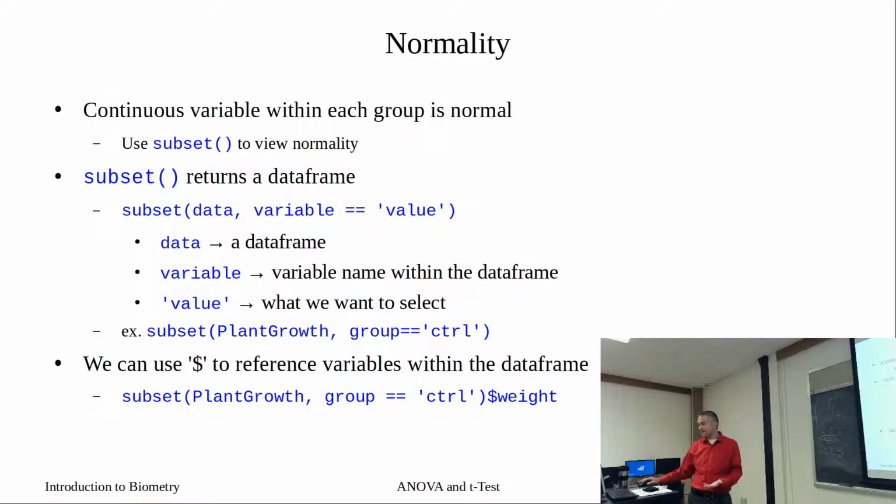So if you have a new computer, or your own computer with the new version of R, you can use this code: QQ plot weight as a function of group.